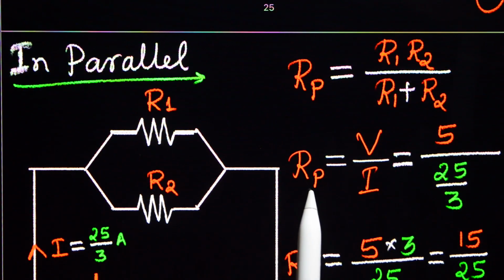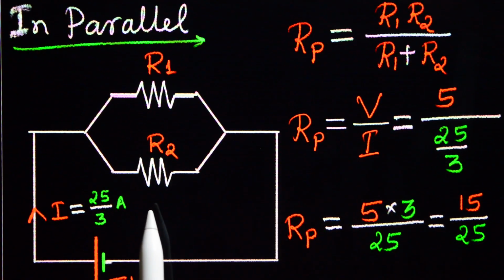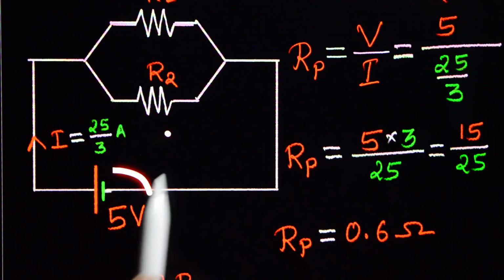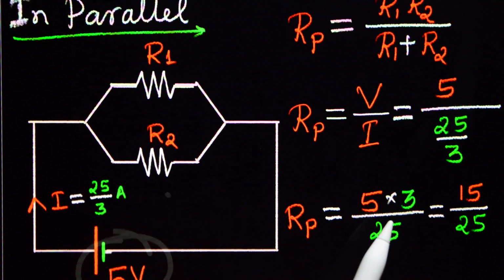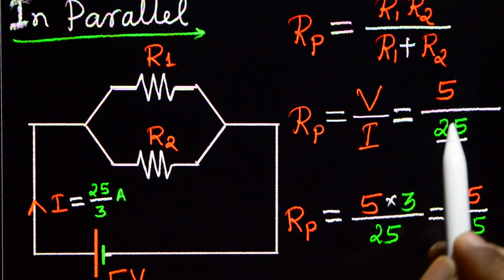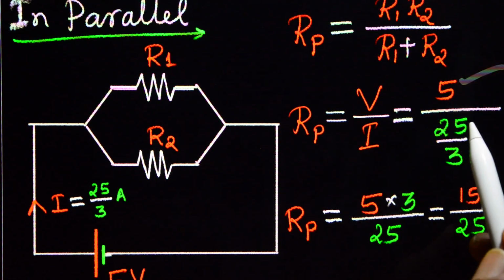Rp can be expressed as V by I. V is the potential difference across the combination, that is 5 volt, and I is the current through the circuit, that is 25 by 3. Here we have substituted V as 5 and I as 25 by 3.